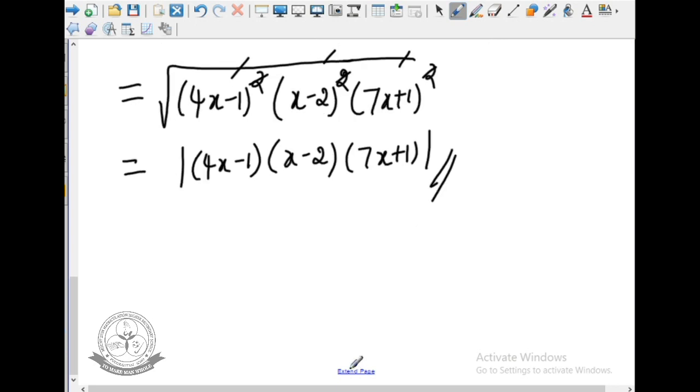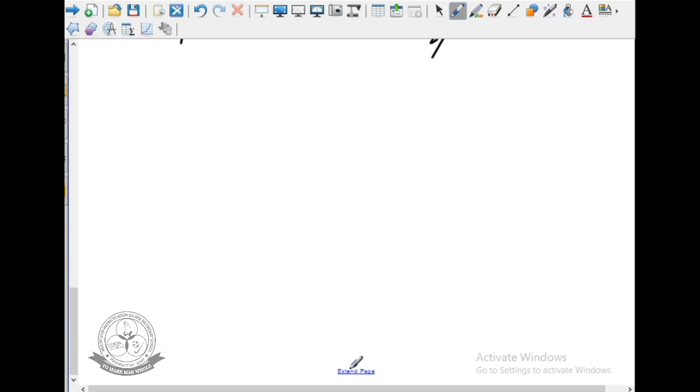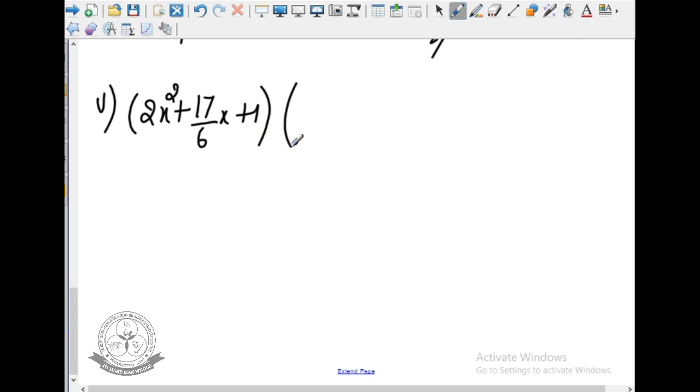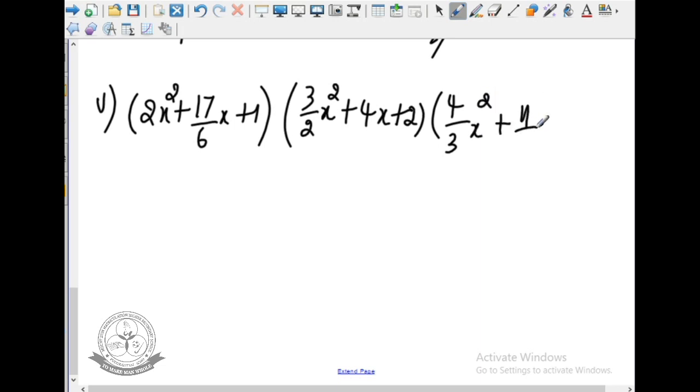So the last question, that is (2x² + 17/6 x + 1) into (3/2 x² + 4x + 2) into (4/3 x² + 11/3 x + 2).